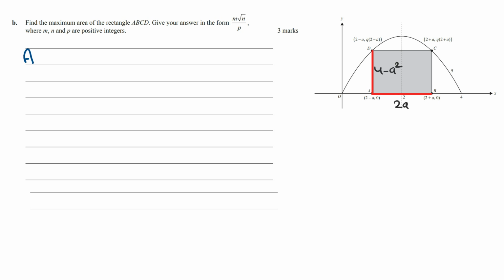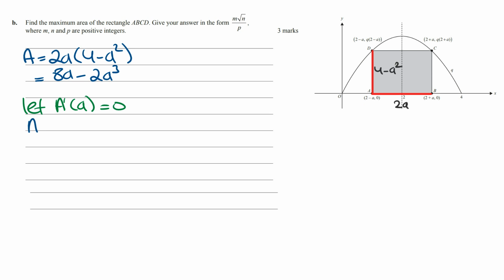And so we can write the area of the rectangle as 2a times 4 minus a squared, which is equal to 8a minus 2a cubed. To find the maximum area, we need to find the derivative of A, let it equal 0, and then solve for a. And so we need to find A dash of a and let it equal 0.